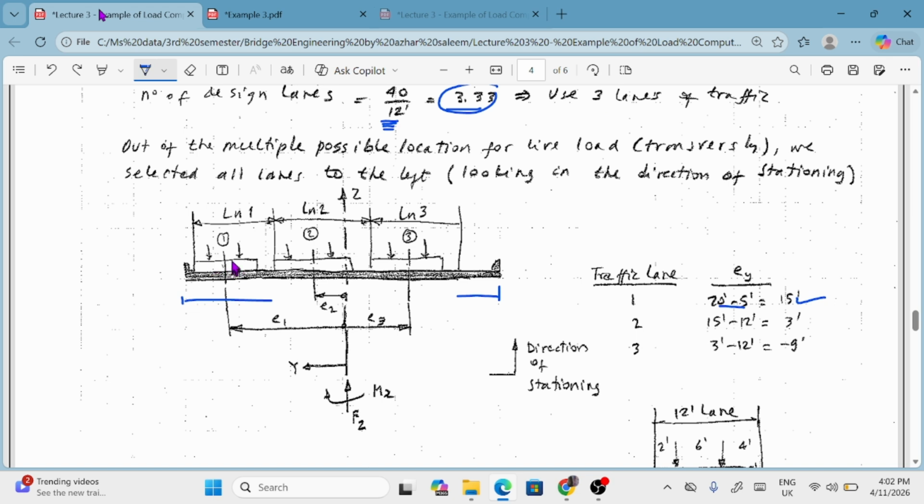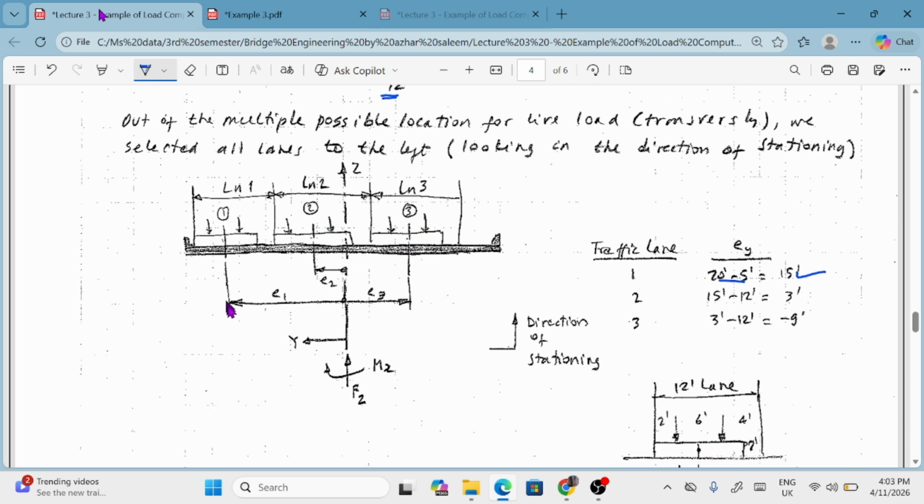This is the lane load, and this is the vehicle wheel load; the same for the second and third lanes. The first lane and vehicle load produce eccentricity E1, lane 2 will produce eccentricity E2, and lane 3 will produce eccentricity E3. So we have to find these three eccentricities.